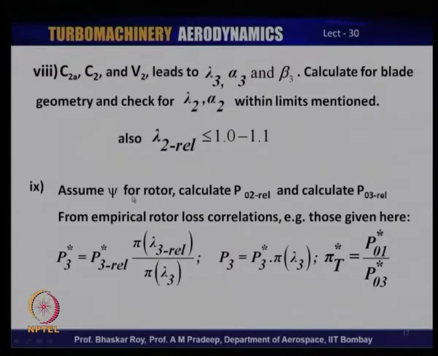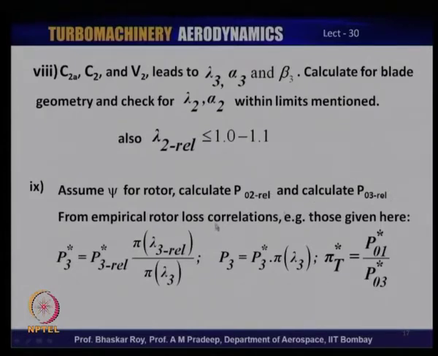And then assume now a loss coefficient, the loading coefficient for the rotor psi, and this gives us a certain idea about what should be the pressure values across the rotor, P02 relative and P03 relative.